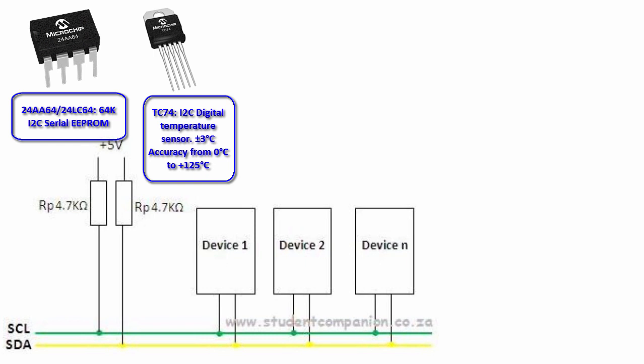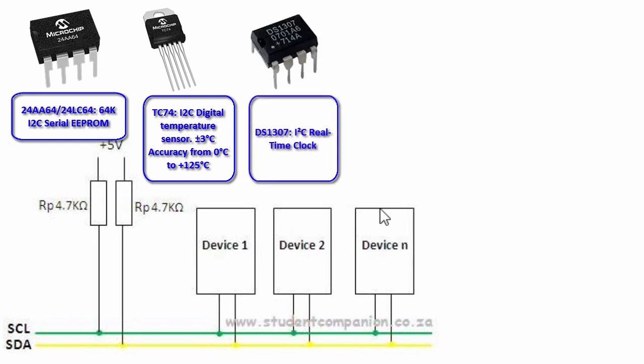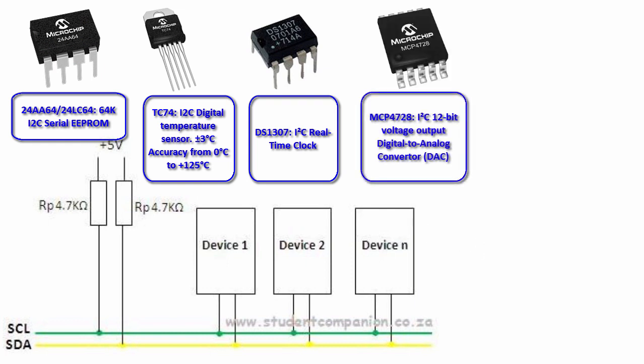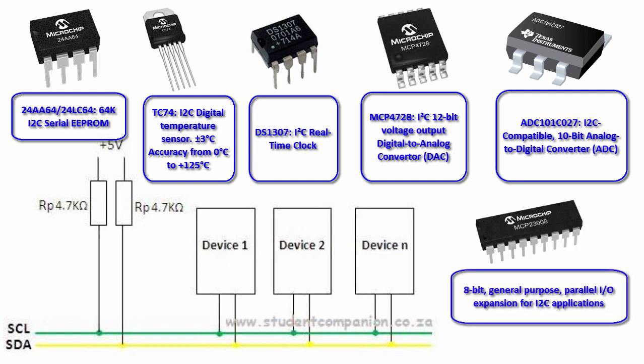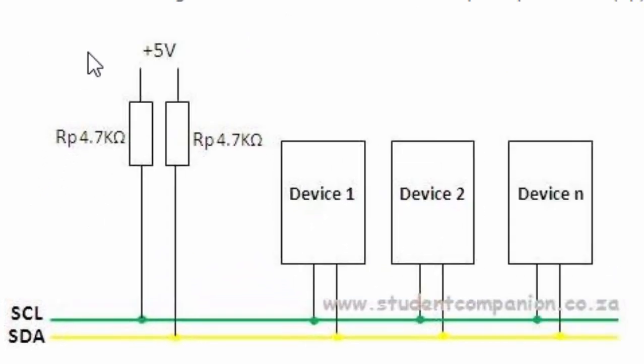They could be real-time clocks like the popular DS3707. They could also be digital to analog converters, analog to digital converters, input-output expanders, and so on. So these devices can basically be anything. You can even connect another PIC microcontroller as well.